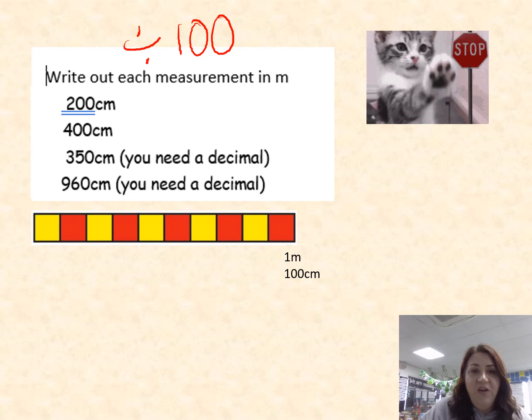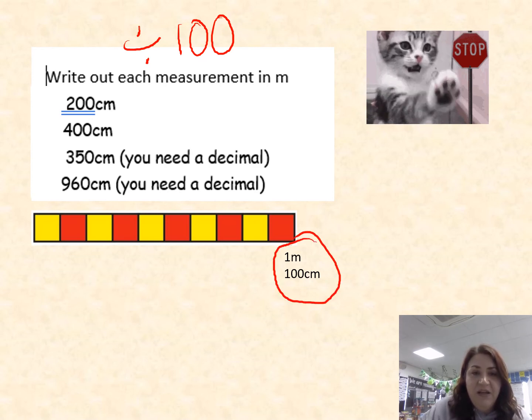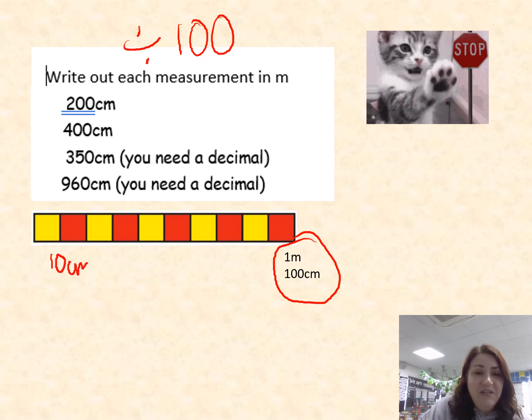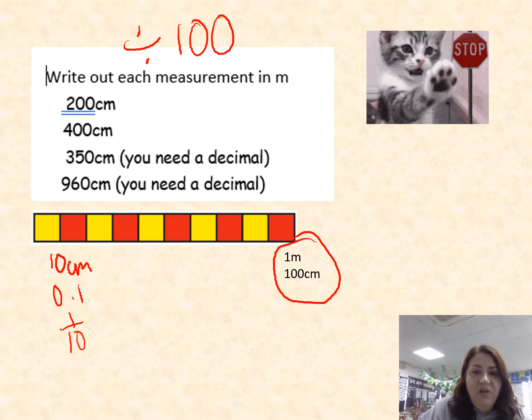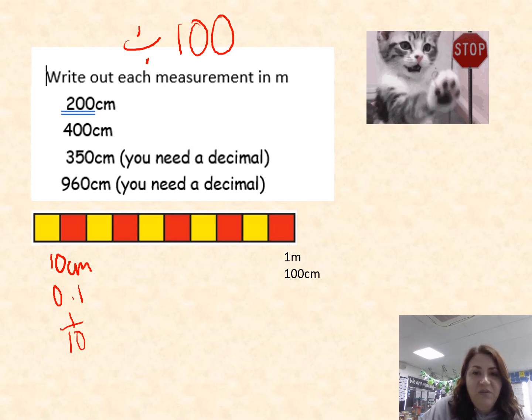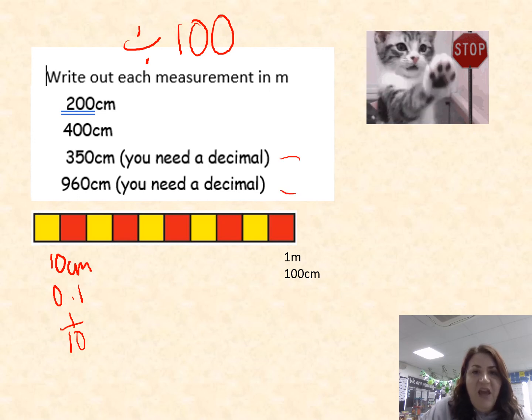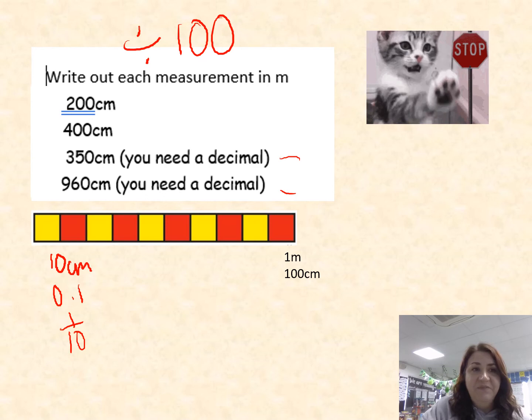So think about that on your place value chart. You know there are 100 centimetres in a metre, so you know that each one of these markers is worth how many? Each marker is worth 10 centimetres, which would be 0.1 or 1/10. Okay, so you will need a decimal for these two, so they're harder ones. Have a go, pause, and then come back when you're ready.